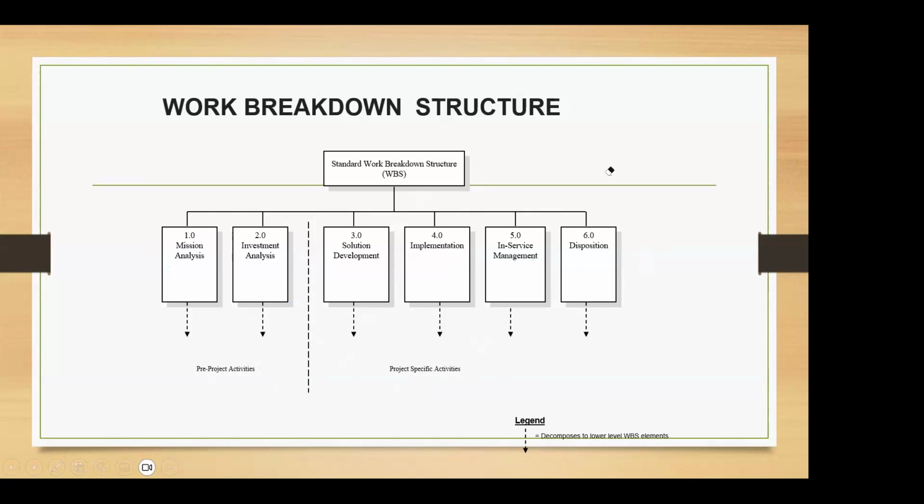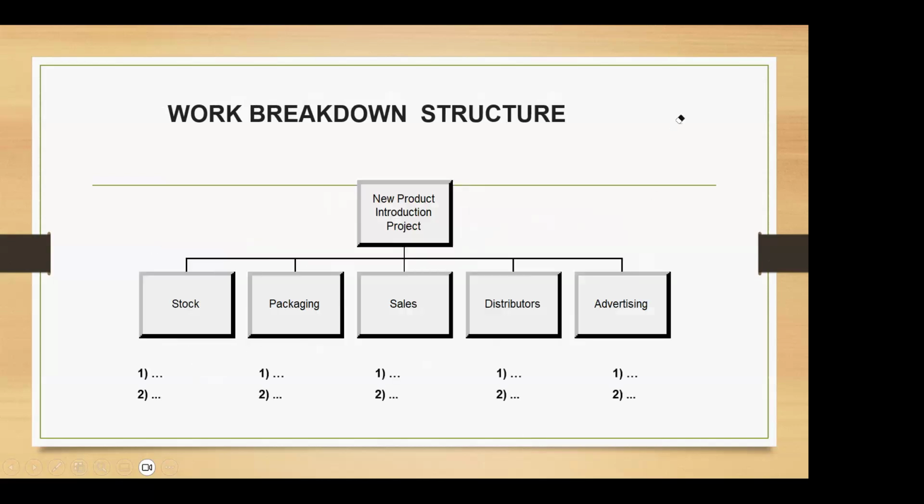So these will be decomposed further. So you can also do this, for example, in a new product introduction project, how you're going to do the stock, the packaging, sales, the distribution, and advertising. These are the activities that you will be performing, or say the areas that will be involved in introducing a new product to the market.